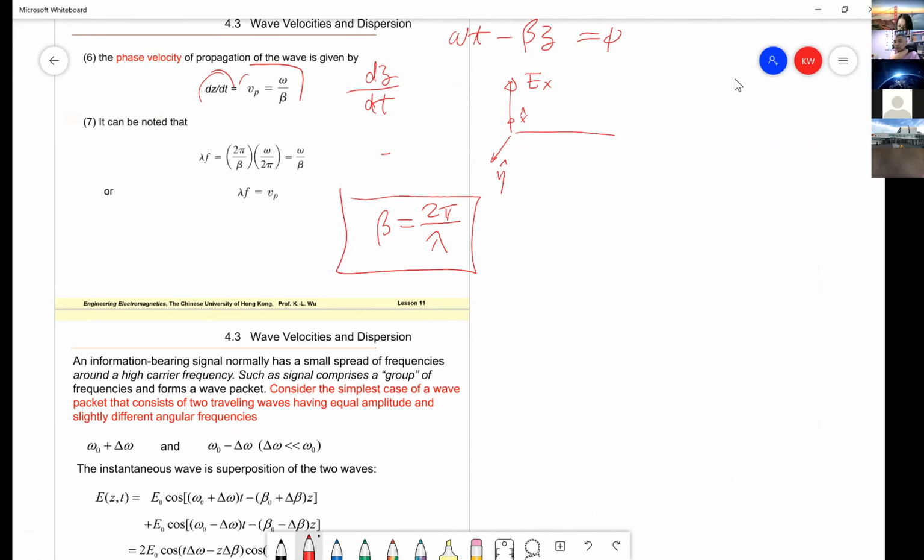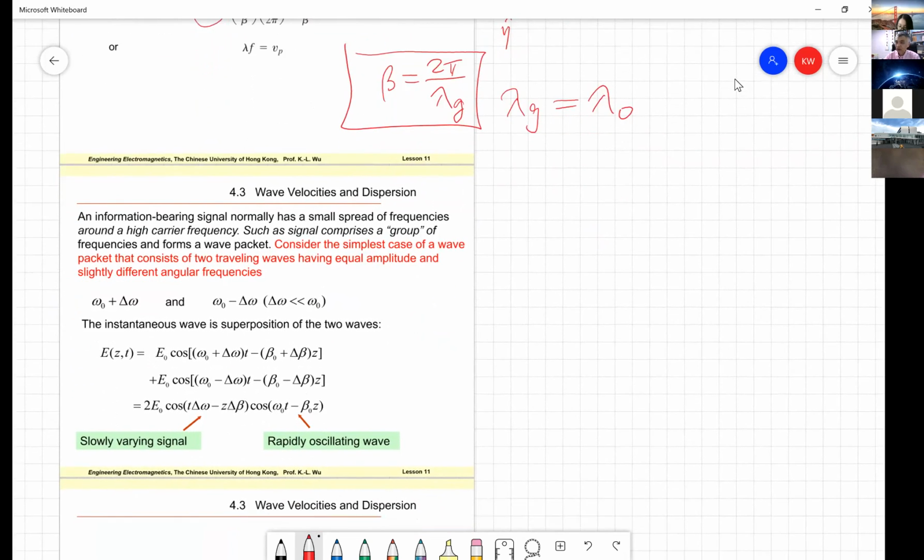But this beta also depends on what kind of wavelength, so I had better put a subscript g, to indicate this beta is not in free space, because in free space the frequency f and the wavelength are related. We will discuss this when we discuss specific examples.